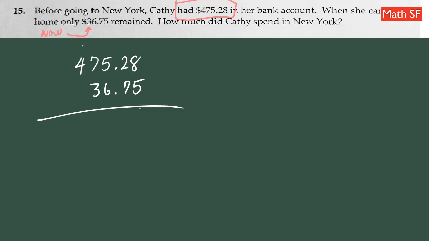8 minus 5 is 3. 2 minus 7, that's not doable, so I'm going to have to ask this number to give us 1. So this 5 is now going to become 4, and this 2 is going to become a 12. So we have 12 minus 7, which is 5.